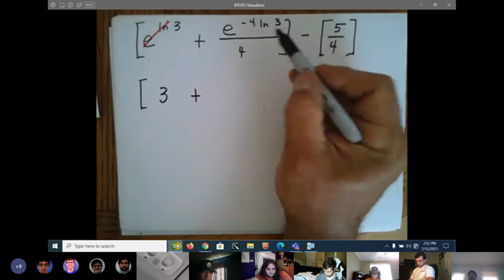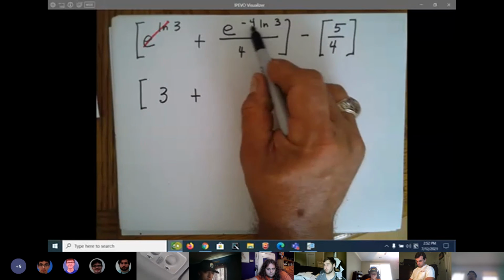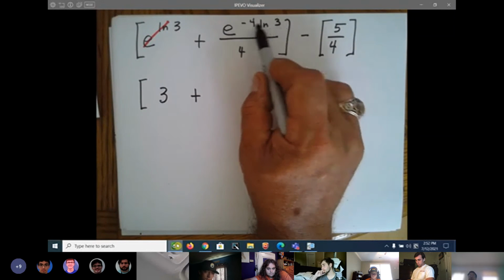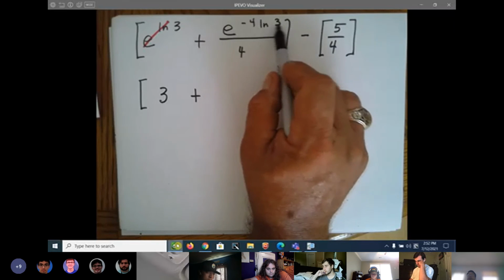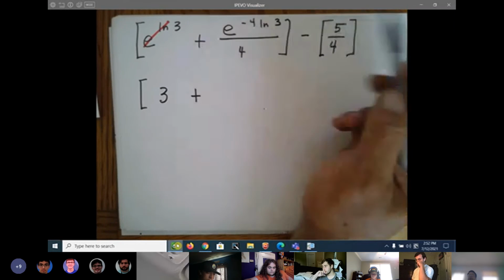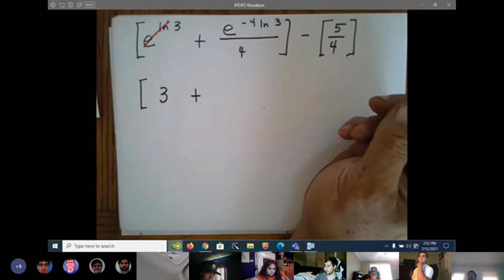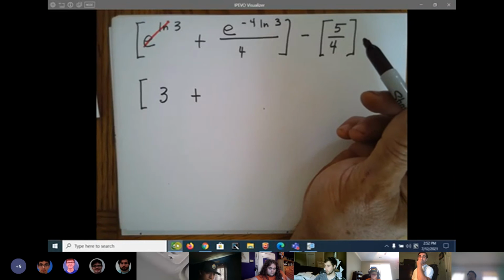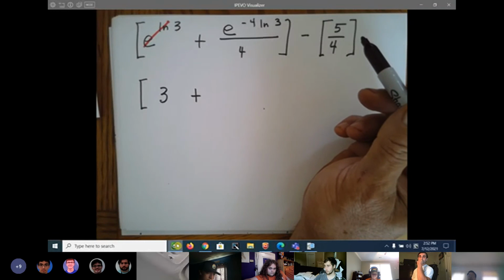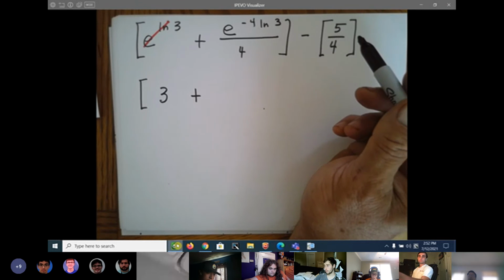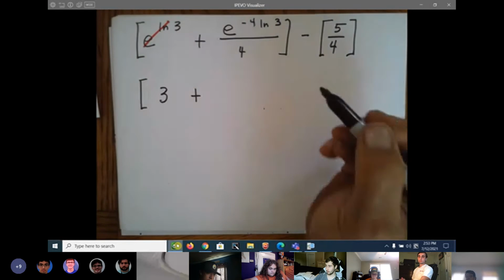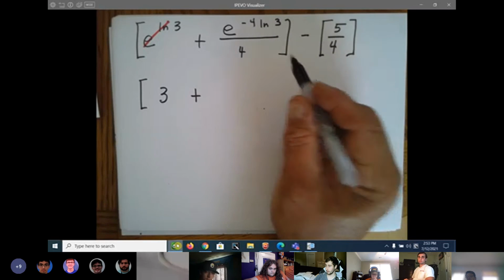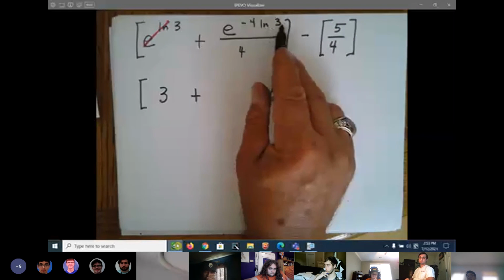Now, what am I going to do? I highlighted this part right here first. Properties of logarithms. What am I going to do with that negative 4 natural log of 3? Could you make it natural log of 3 to the power of negative 4?